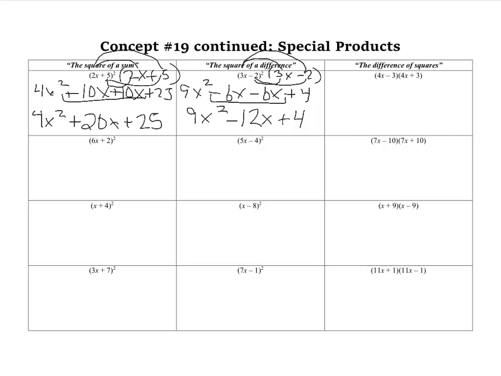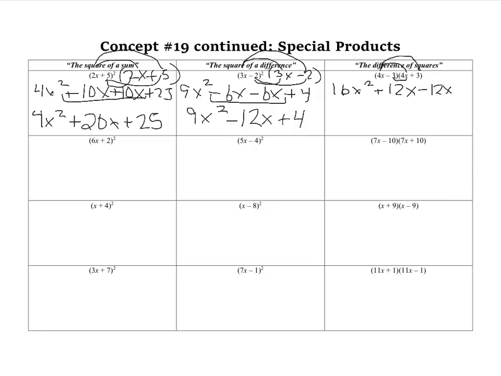Now the next one. It's already written out for us, so we're just going to do FOIL. Again, this is called a difference of squares because it looks like both sets of parentheses are the same except one's addition and one's subtraction. So I'm going to do 4x times 4x is 16x squared, and then 4x times 3 is 12x, and negative 3 times 4x is negative 12x.